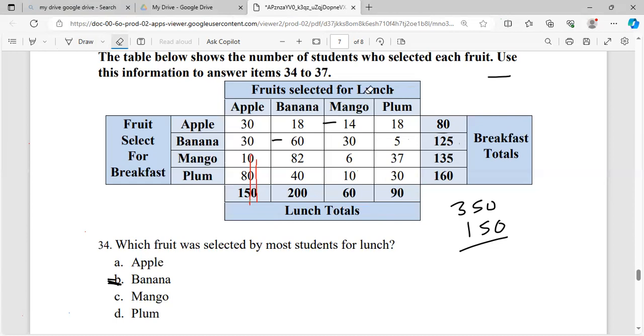If they ask you for the total for lunch, you go to the total here. Mango, you go for heading, lunch, and then for the total.